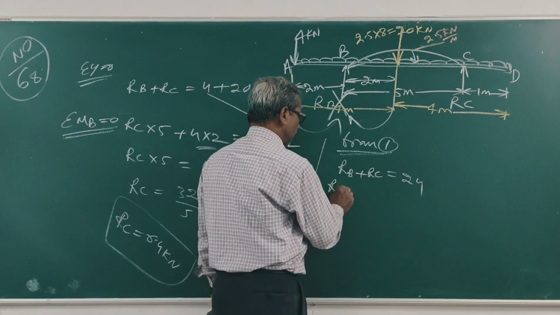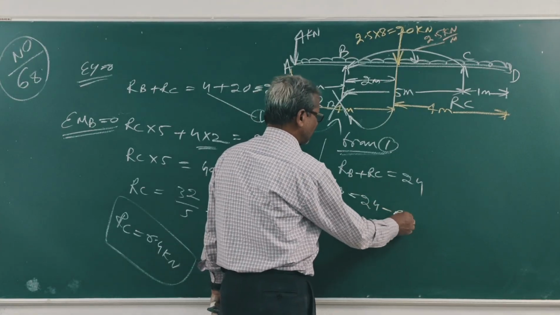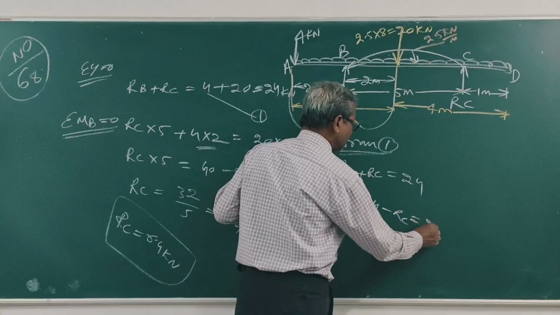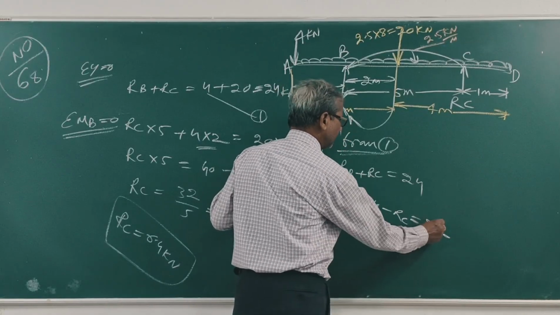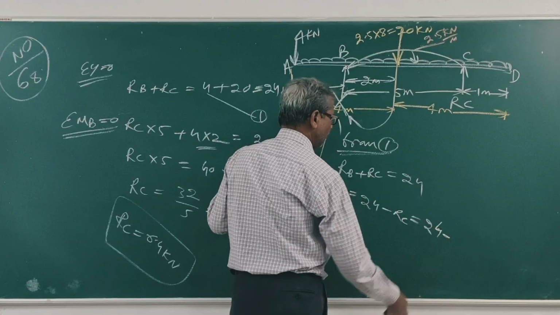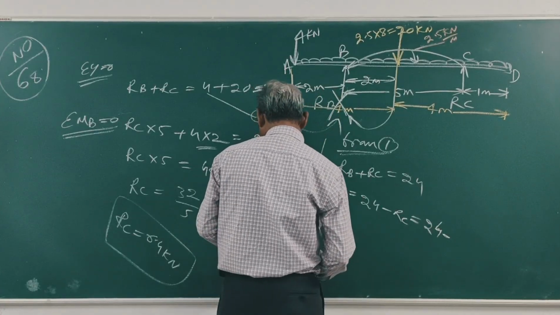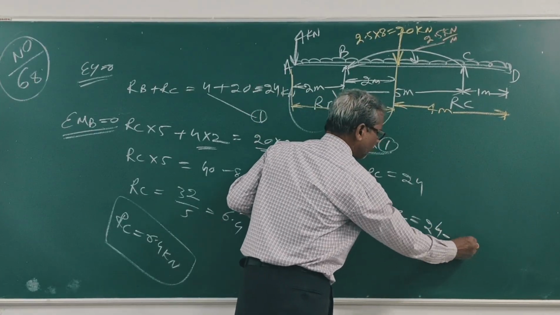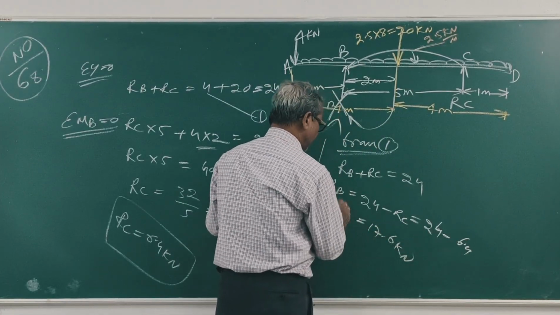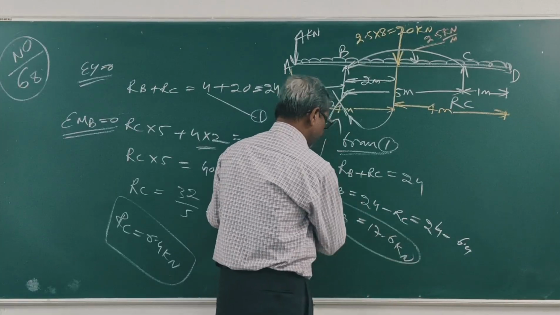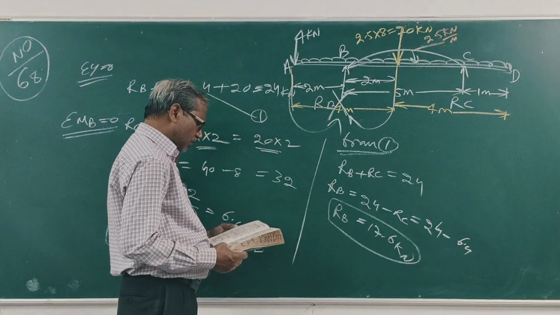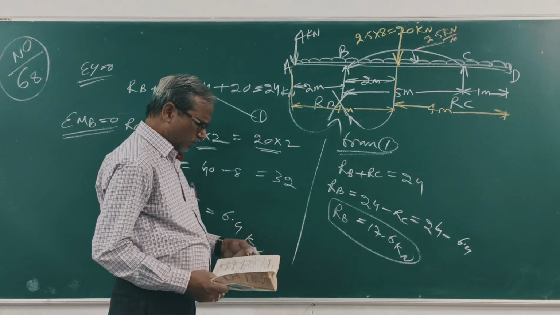What is RB equal to? 24 minus RC. So 24 minus, what is RC? 6.4. 17.6 kilonewton. This is RB. Clear? RB is equal to 17.6 kilonewton and RC is equal to 6.4 kilonewton.